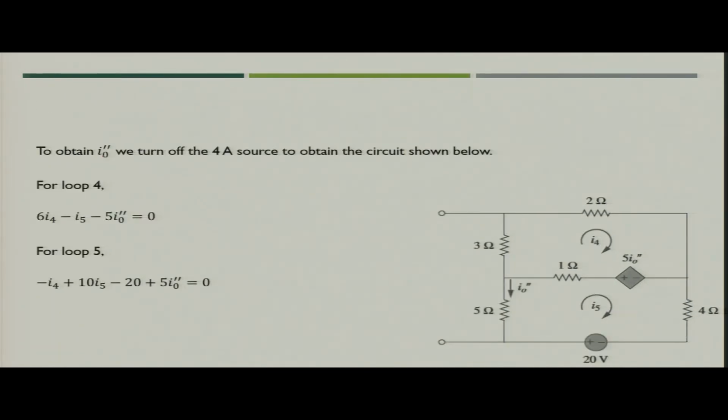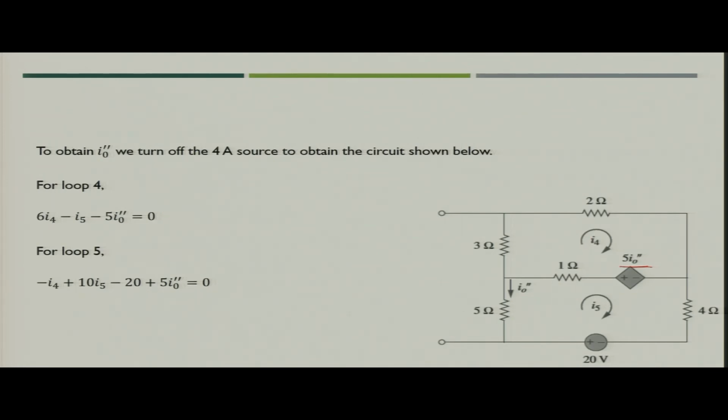Now to obtain I naught double dash, that is the contribution of the voltage source, what will you do? In this case, the current through the 5 ohm resistance is I naught double dash. So your dependent voltage source value will now be 5 I naught double dash. Now we write the mesh equation again for both of the meshes in the circuit, while the current source is open circuit.